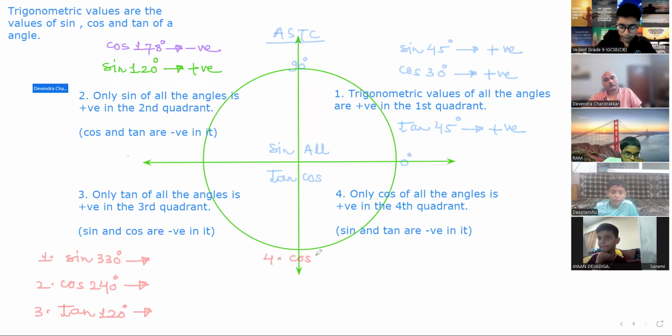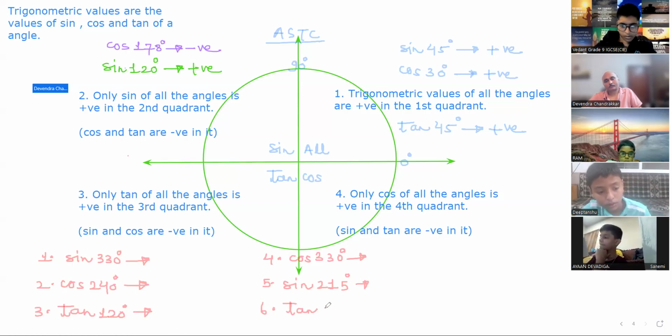Fourth, cos 330, fifth, cos 240, sixth, sine 215, eighth, tan 300.